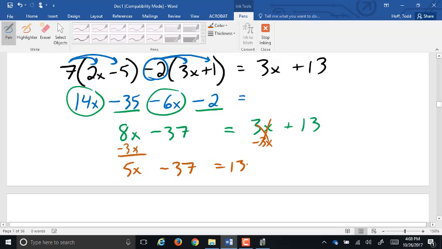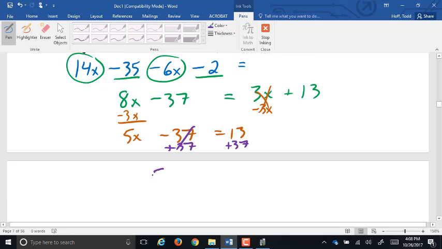And then add 37. So 5x equals 50. And then divide by 5. So x equals 10.